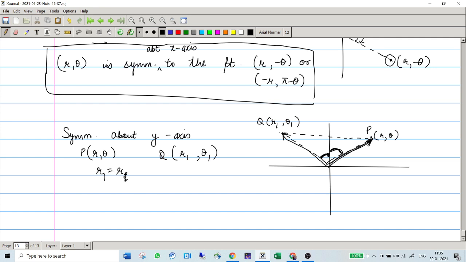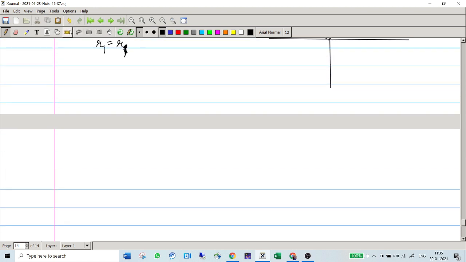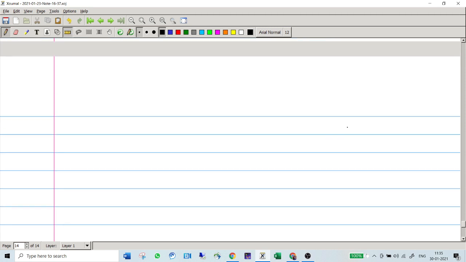So I've got the relation between R and R1, that's fine. But now let us consider what is theta and what is theta 1. So again, drawing the same, have a look.